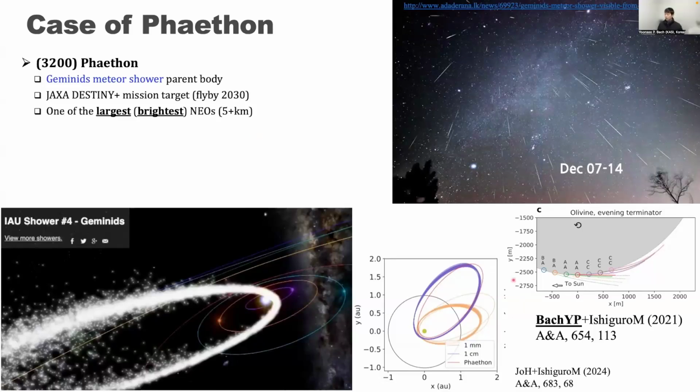I also participated in and led the paper that theoretically explores the reasons why it can eject dust particles that can eventually become the Geminids meteor stream, and our team has investigated the dynamical simulations or evolution trajectory to understand when the dust particles should have been ejected to explain the current Geminids meteor stream.